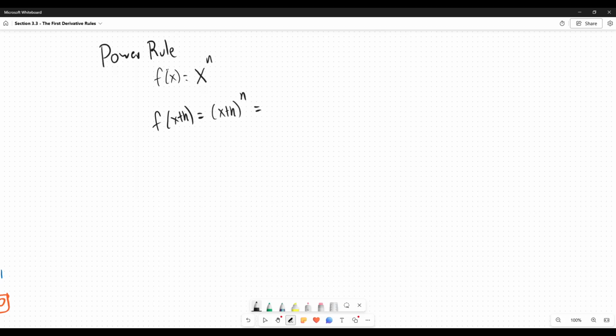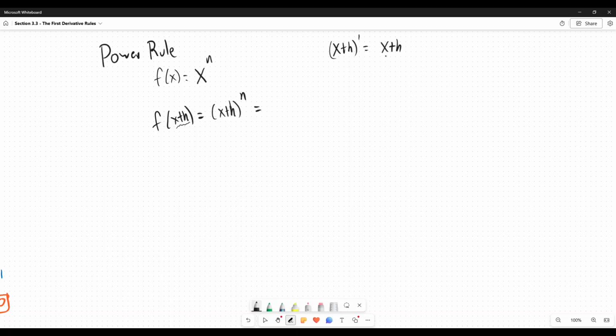And so we need to talk about, because we know the definition is going to involve this x plus h term, we need to talk about what is x plus h to the power n. Okay? Now, there's a pattern that you can kind of see. So let's go x plus h to the 1.